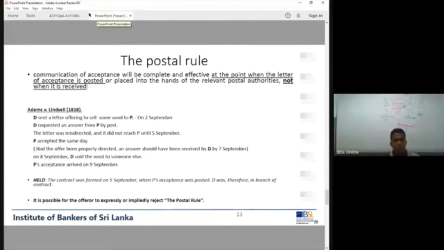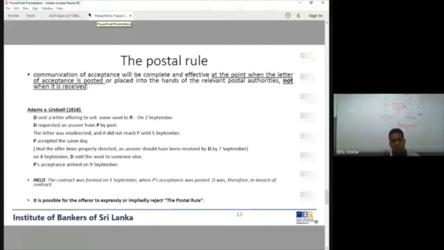Number two, the postal rule applies to the acceptance only when the acceptance is sent by post, a postal letter. So these are the two conditions that you have to remember.